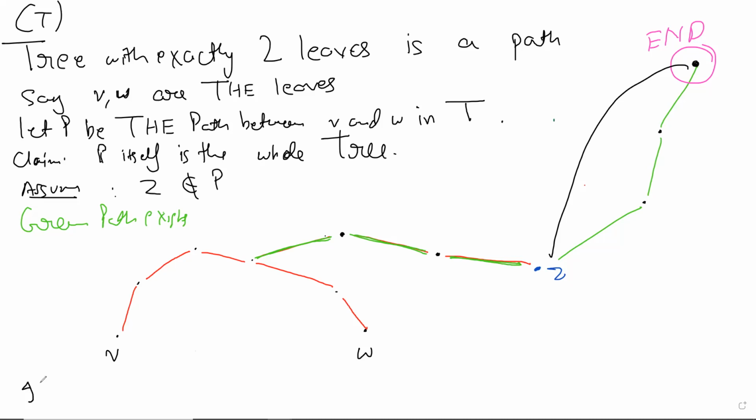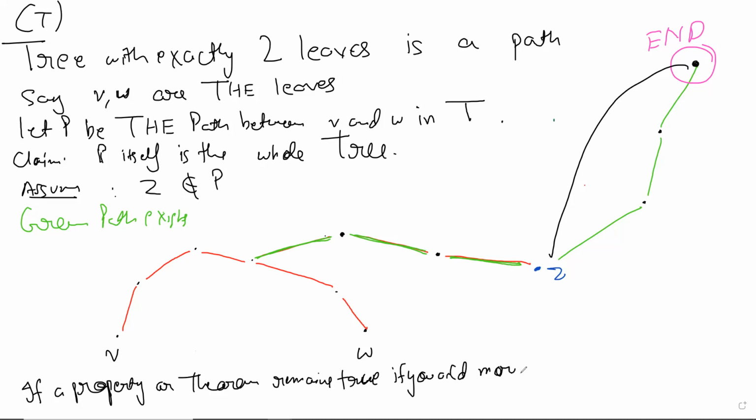Okay. So if a property or theorem, but there are many things like this, remains true if you add more edges, right, then it is enough to prove it for trees.